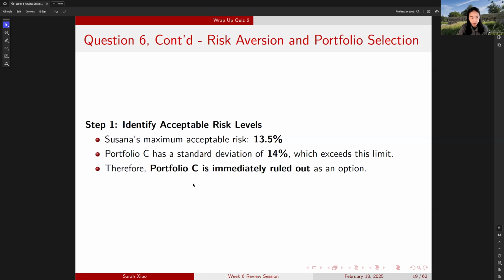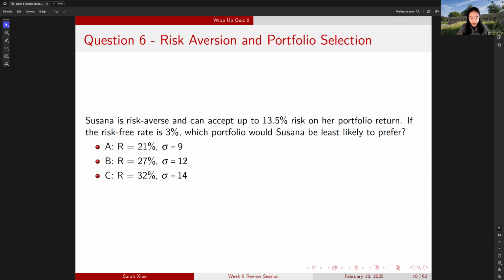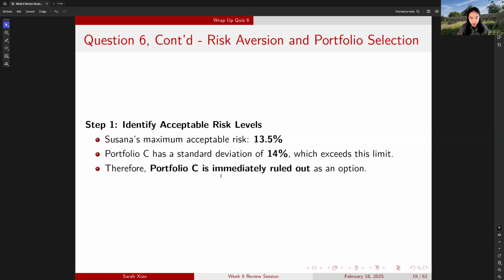So the first step is that we notice Susanna's maximum acceptable risk is 13.5%. However, portfolio C already has a standard deviation of 14%, which is larger than the maximum acceptable risk. So portfolio C is immediately ruled out.